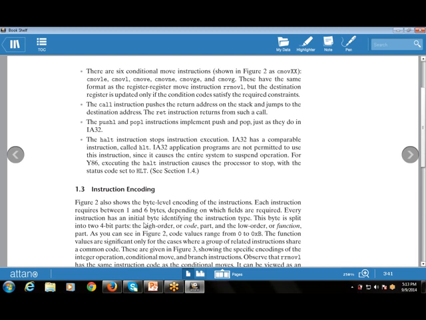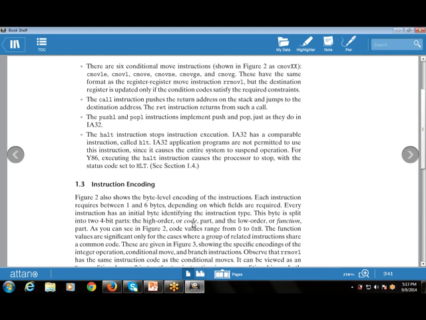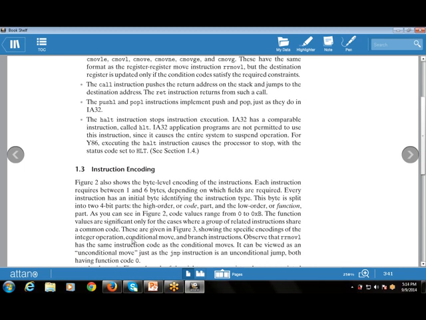Every instruction has an initial byte identifying the instruction type. This byte is split into two 4-bit parts, the high order or code part and the low order or function part. These are the multiple parts that are used for encoding the instruction.